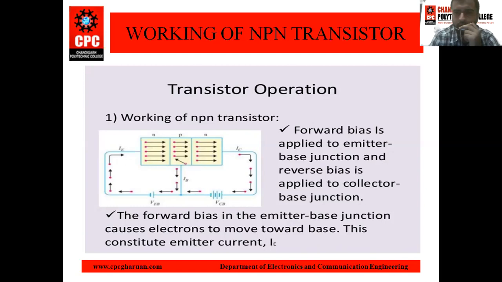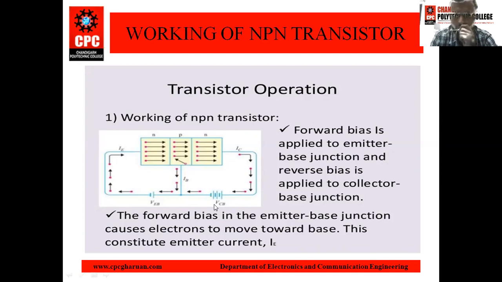As we already discussed, the condition of forward bias is that the positive terminal of the battery is connected with the P-type side of your component and the negative terminal of the battery is connected with the N-type semiconductor. And the condition of reverse bias is when the P-type semiconductor is connected with the negative terminal of the battery and the N-type semiconductor is connected with the positive terminal of the battery, as shown in this figure.